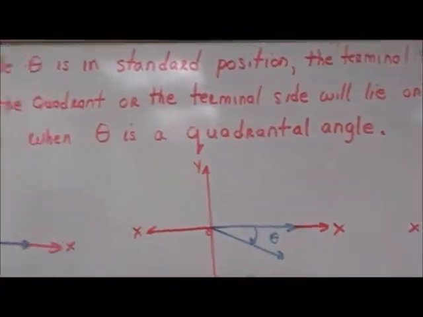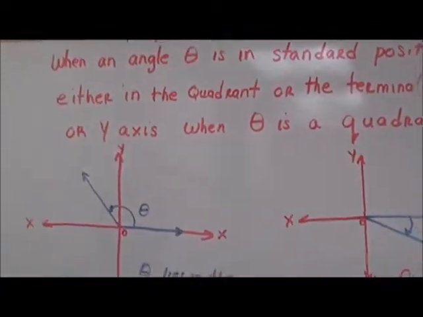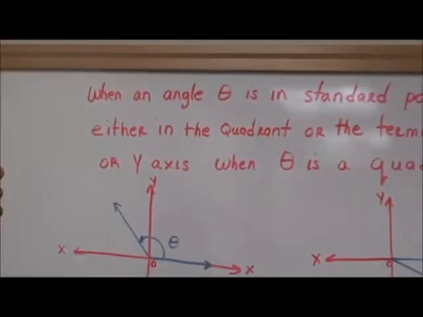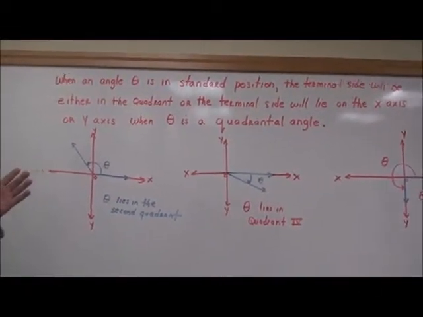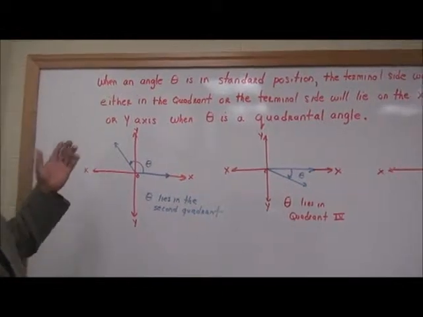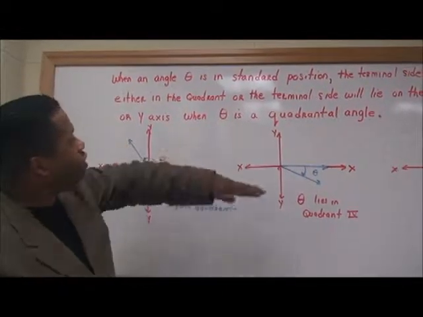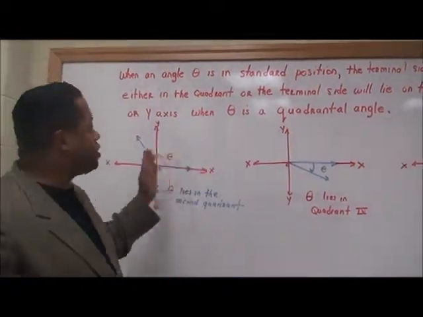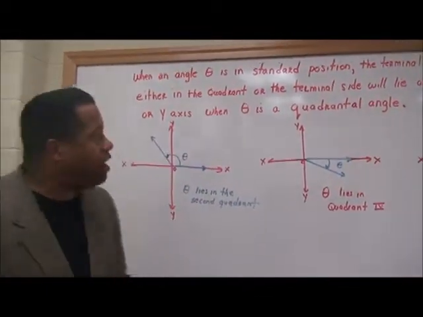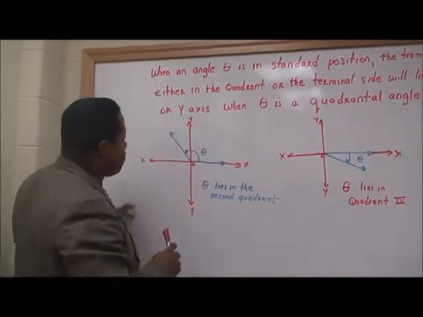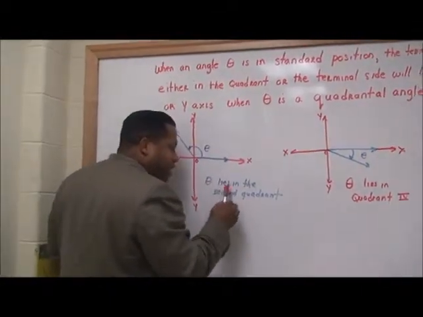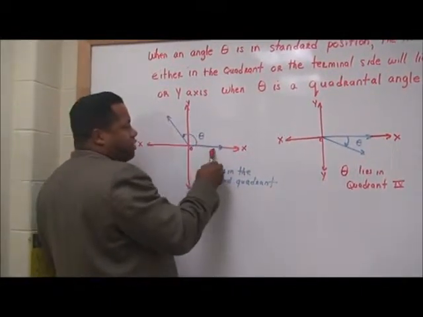Now, when an angle theta is in standard position, the terminal side will be either in a quadrant, or the terminal side will lie on the x-axis or the y-axis. If the terminal side lands on one of those axes, theta is considered to be a quadrantal angle. Let's look at some examples real quick. Theta lies in the second quadrant, you see this from here.